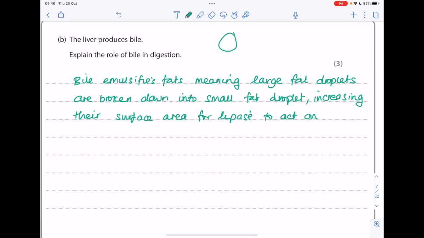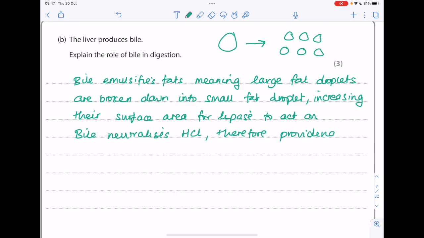So effectively the bile takes those fats and turns it into these small fat droplets which have a much larger surface area. It has a second role, which is that bile neutralises hydrochloric acid from the stomach, therefore providing, use nice keywords here, optimum pH for enzymes in the small intestine.